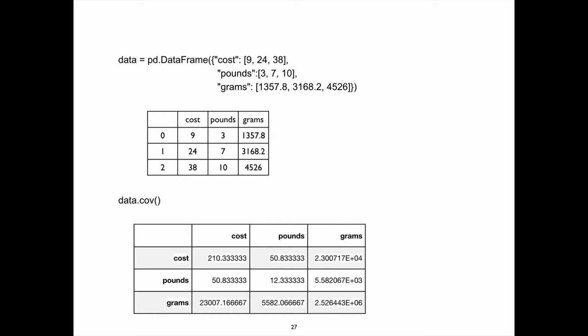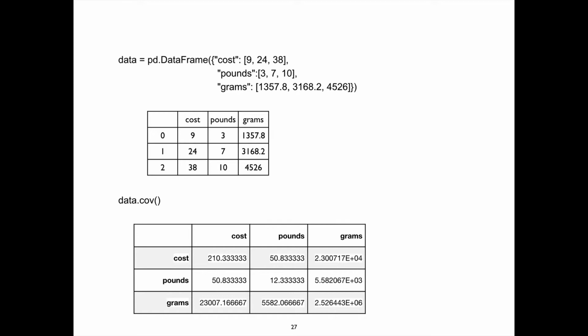We can also use data frames to compute the covariance. So here I created a data frame with cost, pounds and grams, right? So I basically reproduce this table in a data frame, and then I can just call covariance on the data frame. Now it doesn't know which ones we want to compare, so it does them all.